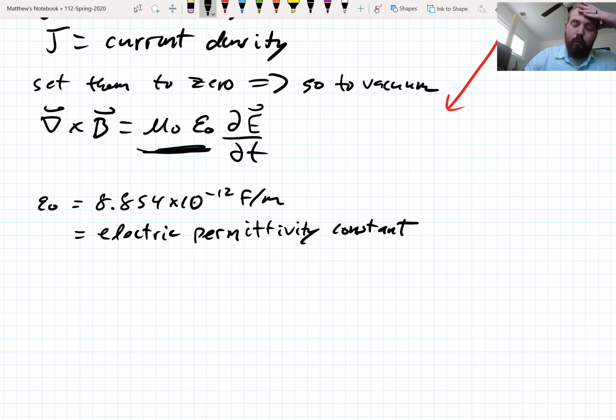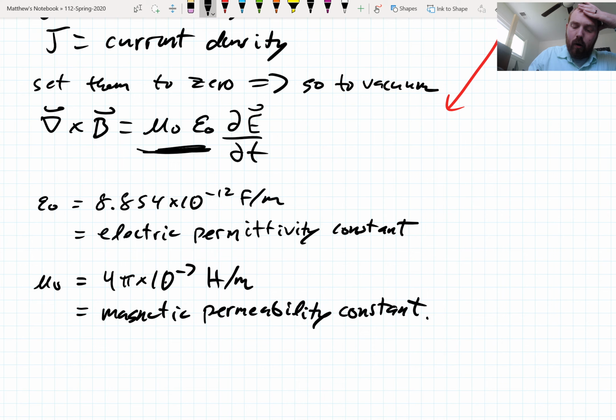Mu naught, a little bit easier to remember number-wise, is 4 pi times 10 to the minus 7th henries per meter. This is called the magnetic permeability constant.